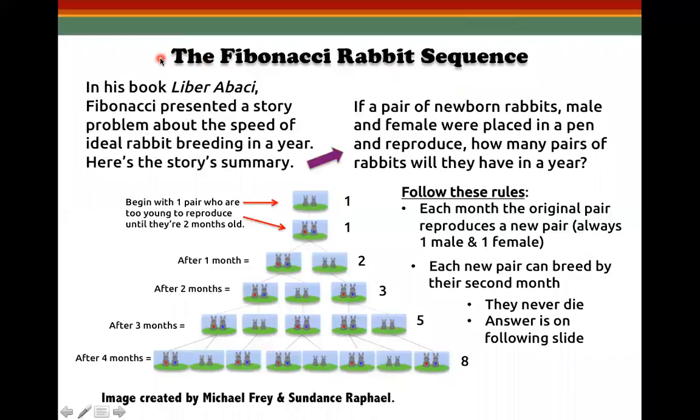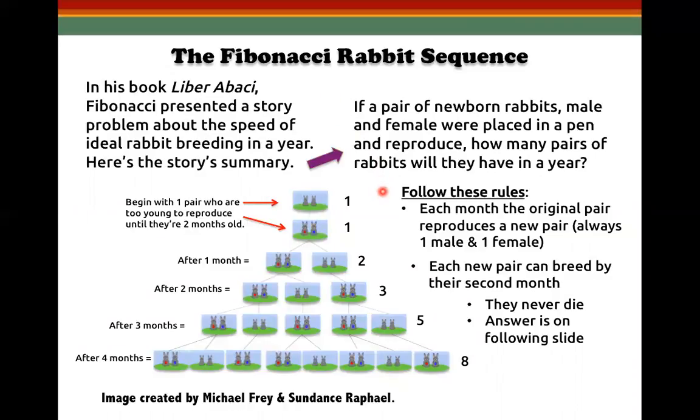All right, let's talk about the Fibonacci rabbit sequence. In his book Liber Abaci, Fibonacci presented a story problem about the speed of ideal rabbit breeding in a year. Here's how the story goes. If a pair of newborn rabbits, one male and one female, were placed in a pen to reproduce, how many pairs of rabbits will they have in a year?